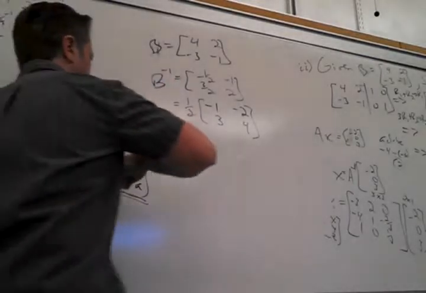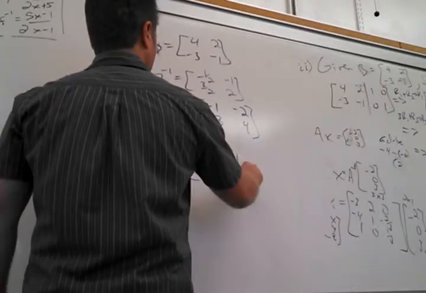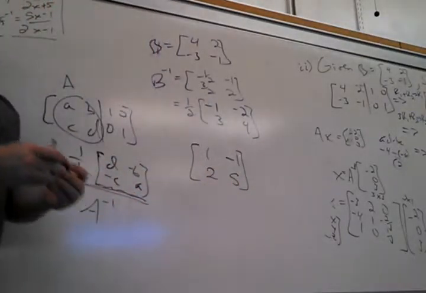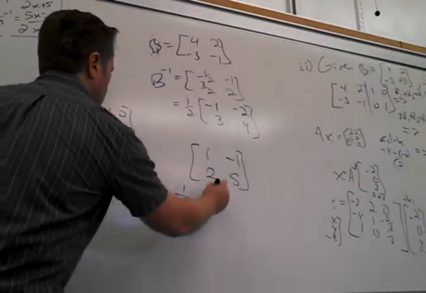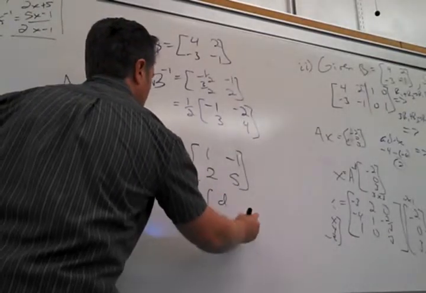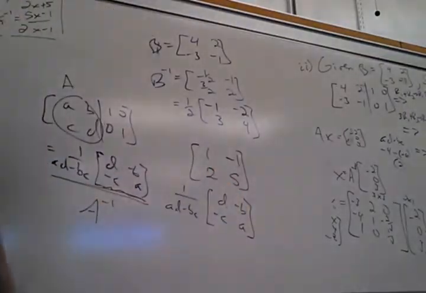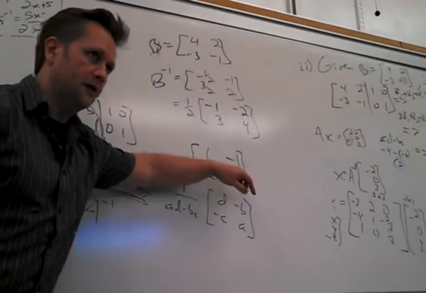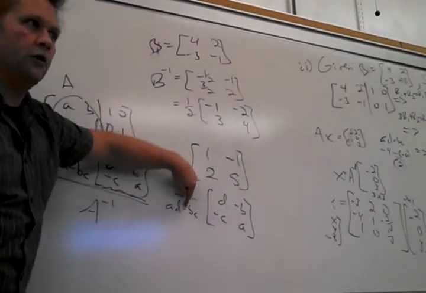So, for example, if I had this matrix that I'm just going to take out of nowhere here, I know the answer is going to be this. All right, these switch and these change signs. And the way I remember this, because you do have to remember, is that the BC is negative in this little equation down here.